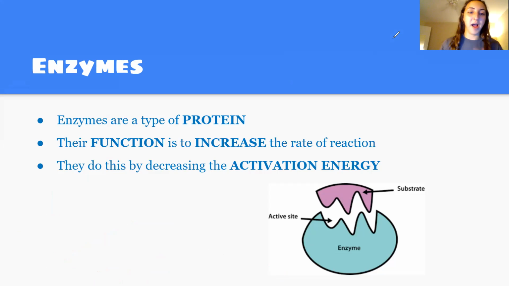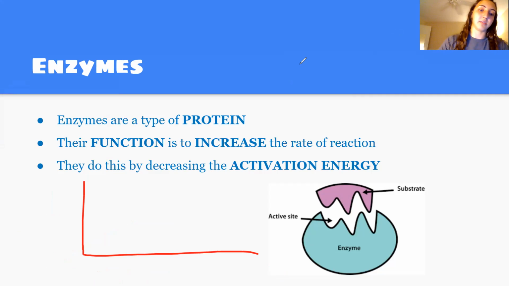So we're going to be decreasing the activation energy. And what does that mean? Let me get my graph here. This is what it looks like when it comes to activation energy. Some things need to get pushed along.